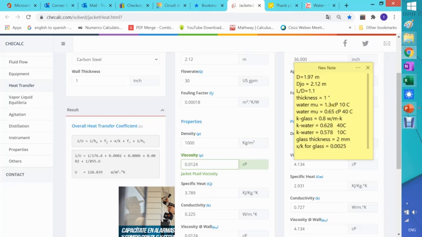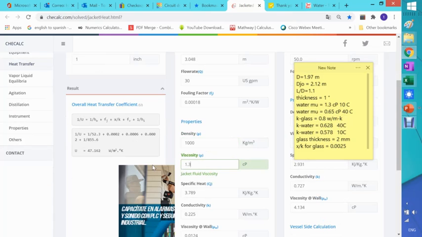As I said, let's say that I'm at 10, so that will be 1.3 centipoise. How about the specific heat? This should be about 4.18 in this unit. How about the thermal conductivity? Thermal conductivity for water at 10 degrees will be 0.578 in this unit, watts per meter Kelvin.